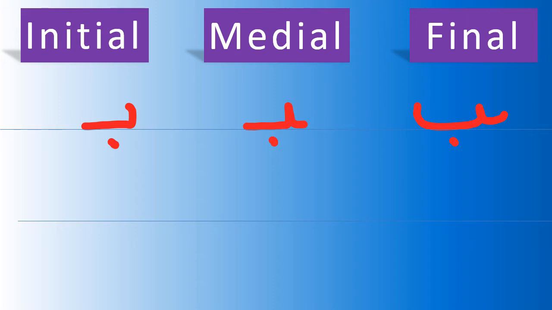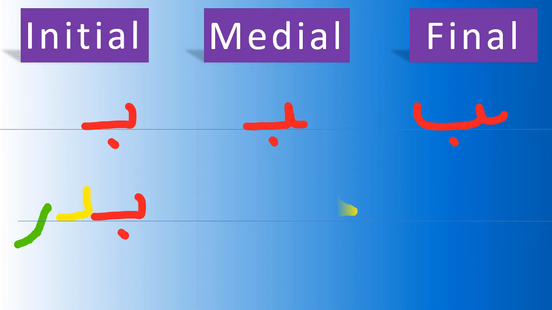Now let's have an example about the ba in the beginning of a word. This is the word badr. This is the ba, dal, and ra, badr, which means full moon. Now let's have an example about the ba in the middle of a word.